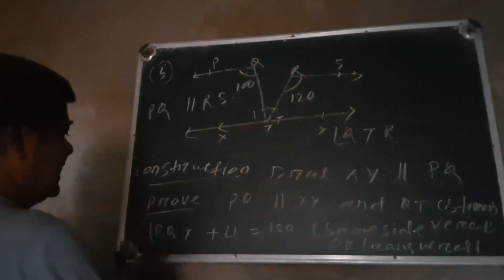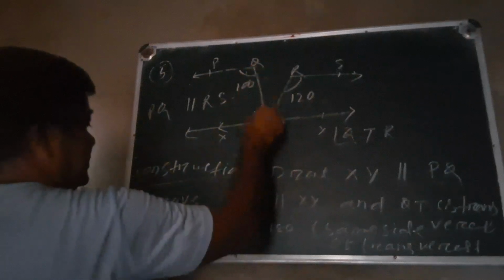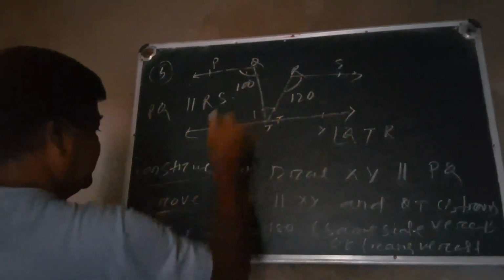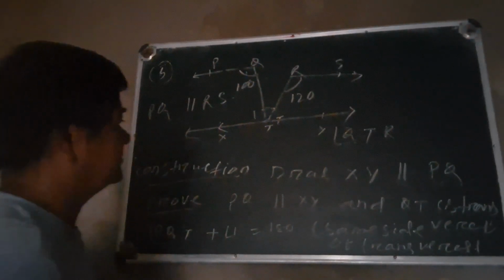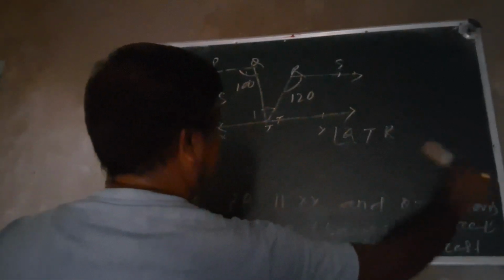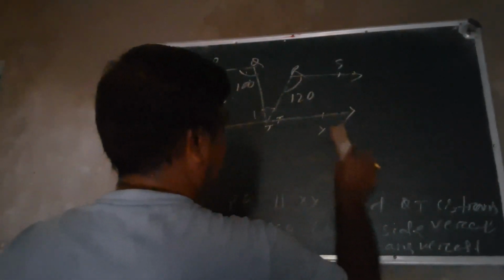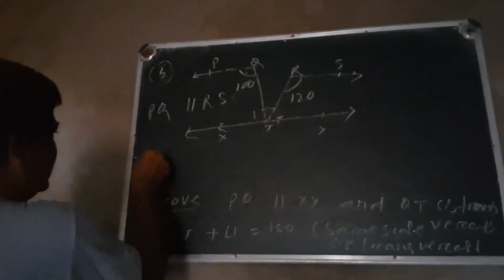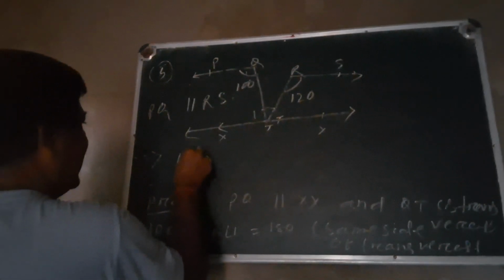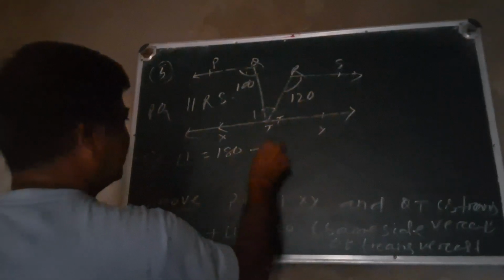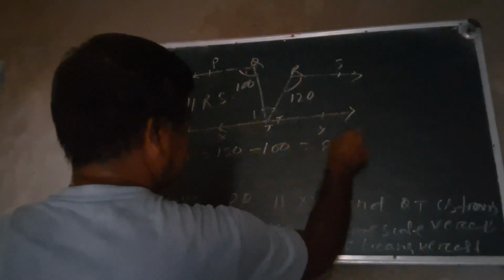That implies angle PQT is given as 100. That implies angle 1 equals 180 minus 100 equals 80.